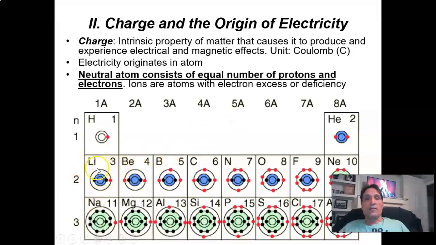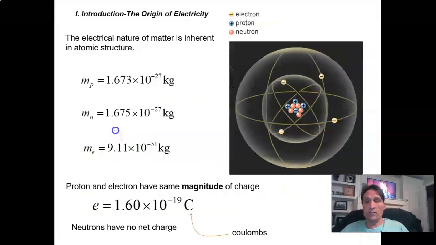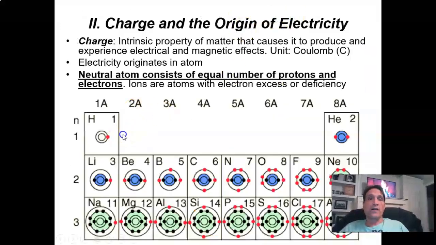And these negatively charged electrons are kept in their orbits by their attraction to the positively charged nucleus. And so, as a whole, each atom is typically found in a neutral state, meaning it has the same amount of protons as it does electrons.